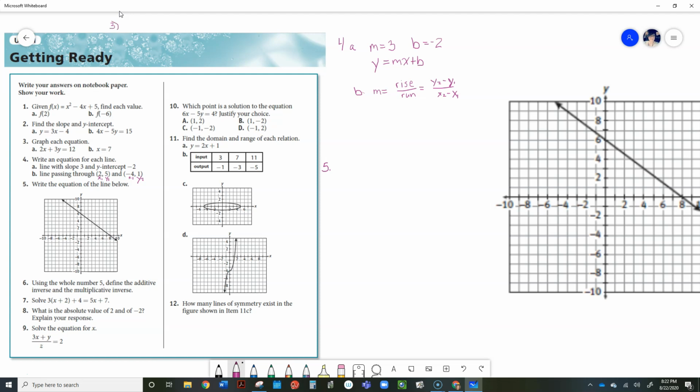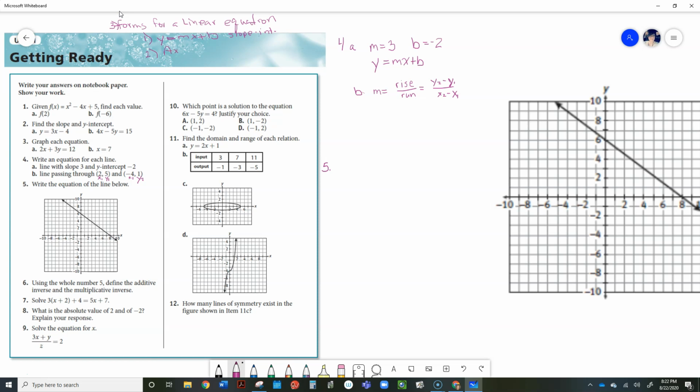I'm going to write those down real quick. 3 forms for a linear equation. Those 3 forms are y equals mx plus b. What's that called? That's slope-intercept form.